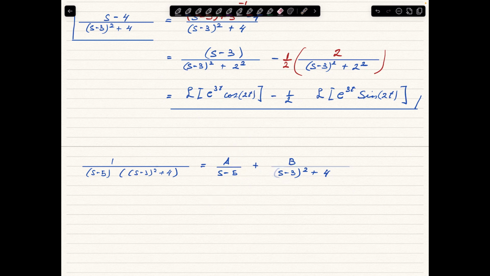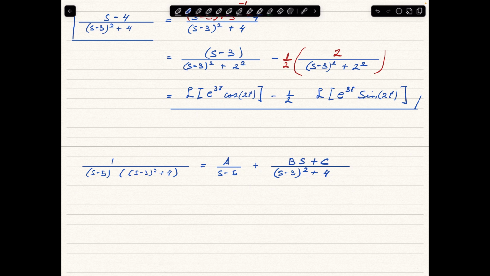But if you have in the denominator a polynomial degree 2, then the numerator has to be a polynomial degree 1. It's always 1 degree less than the denominator. So here we have bs plus c. That is the right partial fraction decomposition.